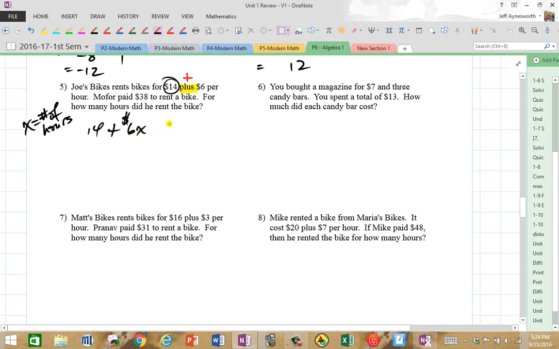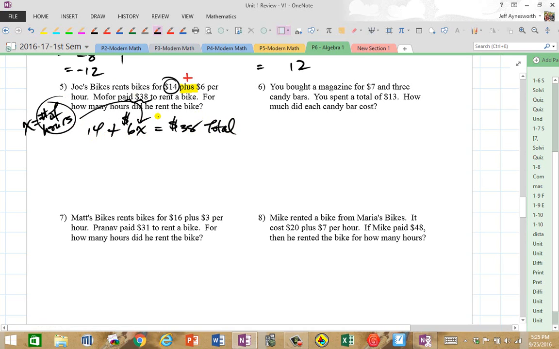And it says how many hours did he rent the bike? Well, I need to know how much he spent. Okay. So he paid a total of 38 bucks. This is the total, $38. So you paid $14 initially plus $6 per hour, where x stands for the number of hours.